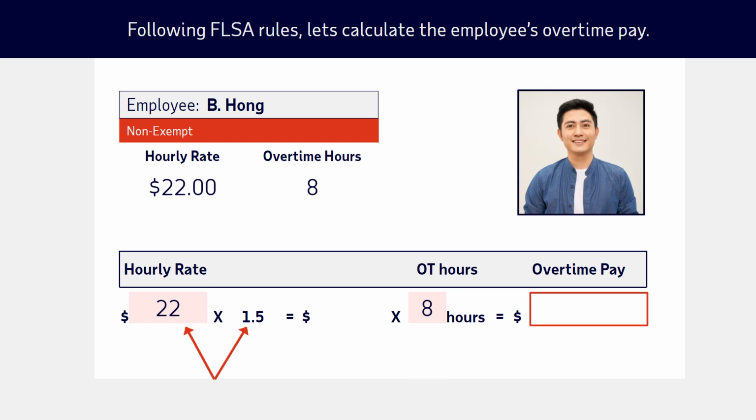Then we multiply the hourly rate of $22 by 1.5, which is time and a half. This equals $33. Last, multiply $33 by 8 overtime hours, which equals $264. So Mr. Hong's overtime pay is $264.